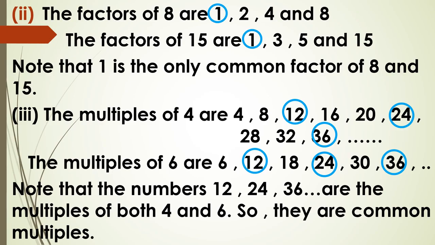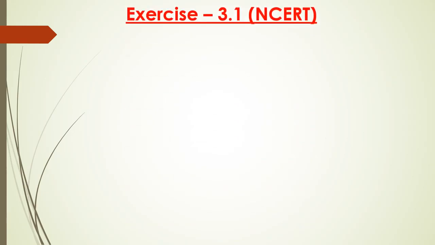So they are common multiples. They are coming in the multiples of 4 also and in the multiples of 6 also. So these are the common multiples of 4 and 6. There are more common multiples than these, but here I have found only 3 common multiples, because we know that multiples are infinite in number.